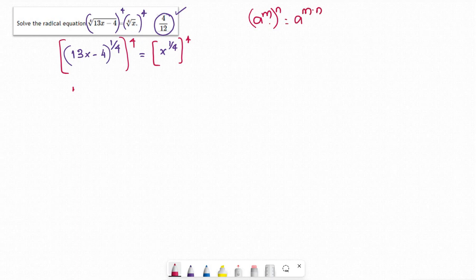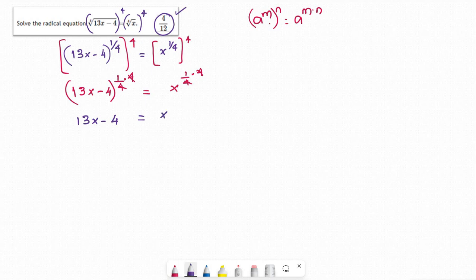So we are going to apply that here. So (13x minus 4) to the power 1/4 times 4, here also x to the power 1/4 times 4. And this cancels out, this cancels out. So what we get is 13x minus 4 to the power 1 is equal to x to the power 1.